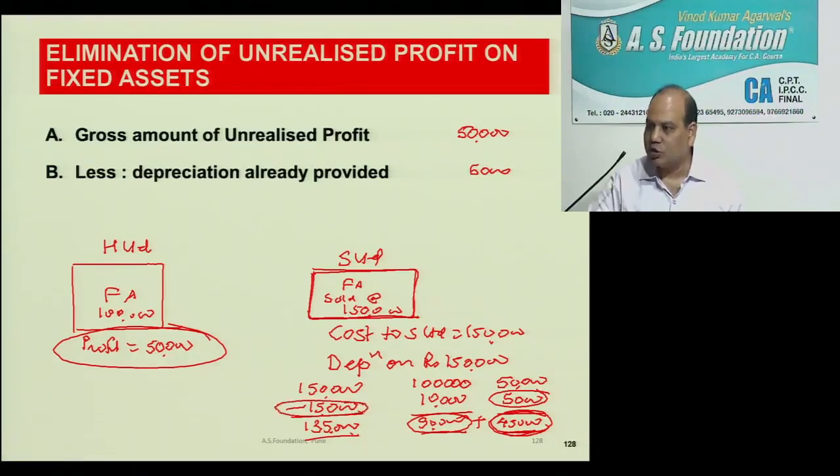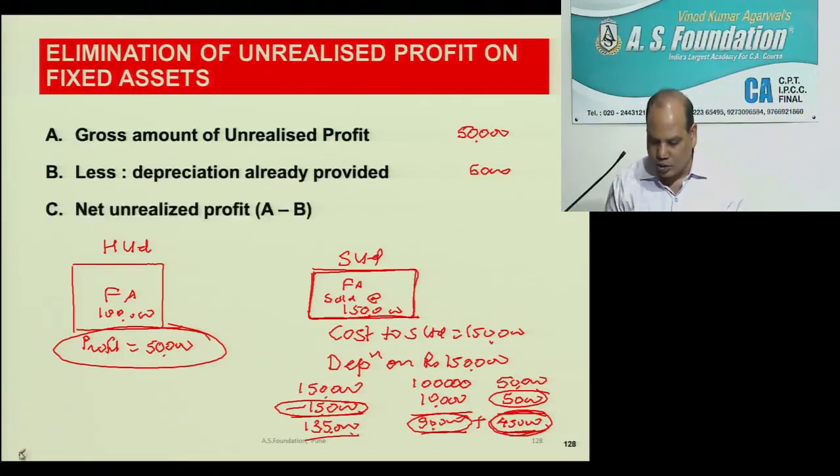This 15,000 is on the total cost of the asset. So I am dividing 15,000 into two parts: 10,000 on the cost portion and 5,000 on the profit portion. That profit portion depreciation I will deduct. And therefore point C, net unrealized profit included in the fixed asset, is 45,000. This 45,000 I have to eliminate.